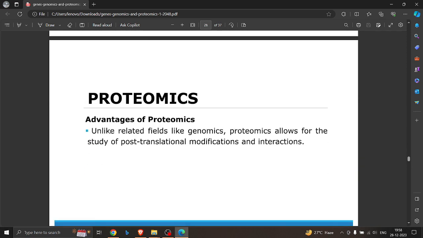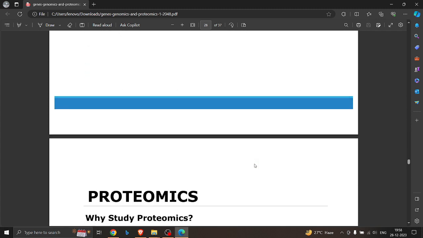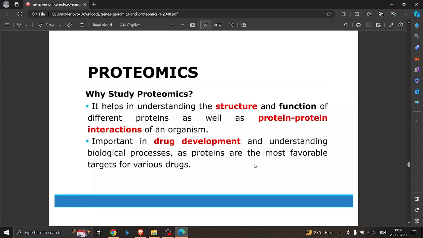So, the advantages of proteomics. Unlike related fields like genomics, proteomics allows for the study of post-translational modifications and interactions. So, why study proteomics? What is the need for it?